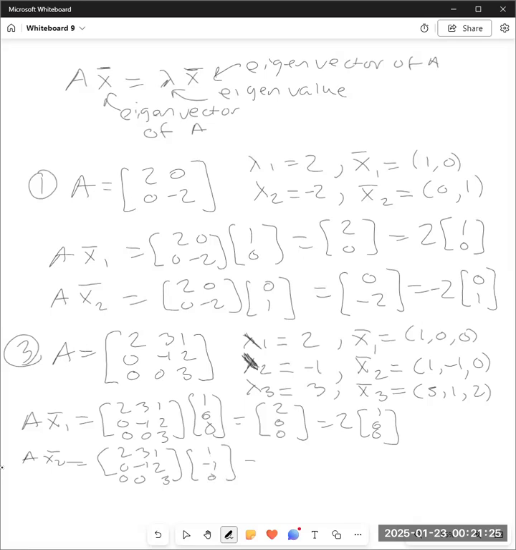So that is 2 minus 3, which is -1. Then -1 times -1 is 1, and this is 0. That equals -1 times 1, -1, 0, the opposite of my original vector. So I have an eigenvalue of -1 and an eigenvector of 1, -1, 0.